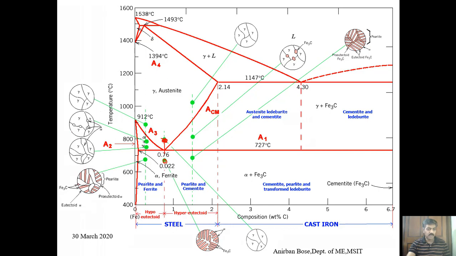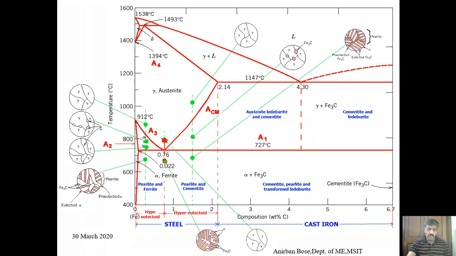That means alternate layers of ferrite and cementite will form, and here you can see that structure. So it is alternate layers of ferrite and cementite that will form, and they also have phase boundaries like this. Anyway, this is the pearlitic structure. So this is pearlite, alternate layers of Fe3C and ferrite that you will observe.